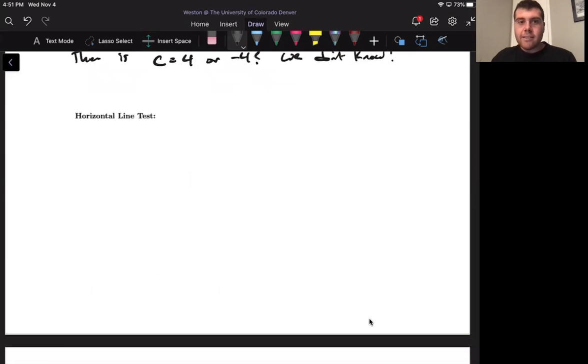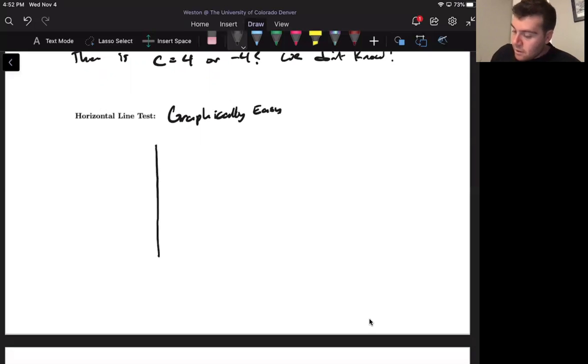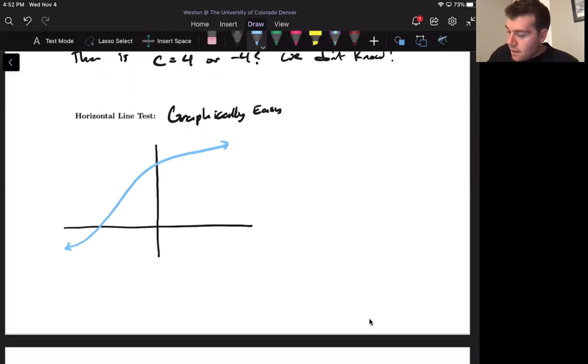Graphically, it's actually really easy to determine what functions are one-to-one. Just like the vertical line test, let's say we have a graph. So we have an axis. We have a blue function. And on this graph too, let's put on this red function.